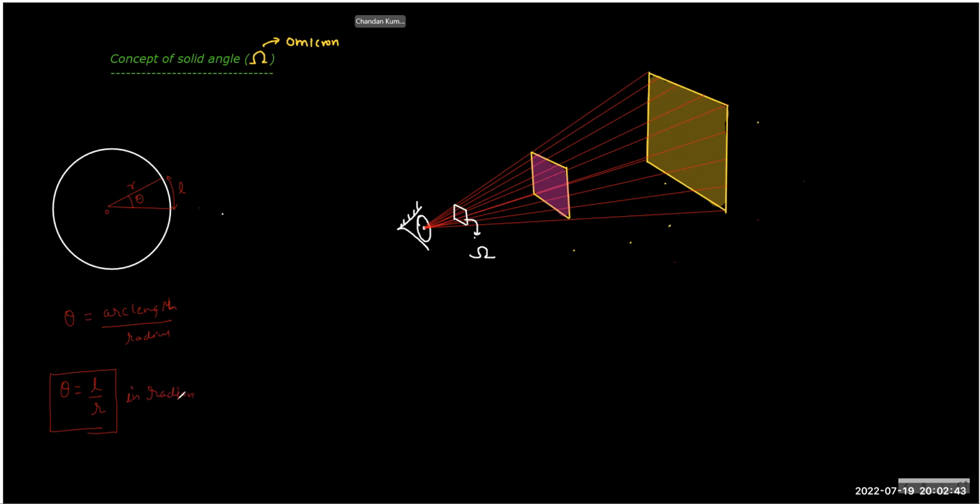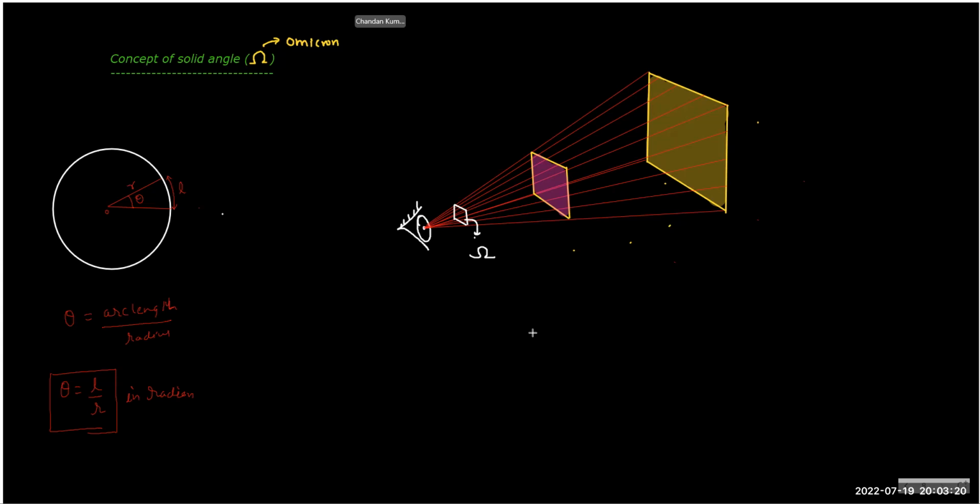So we can draw a parallel from 2 dimensions to 3 dimensions. In 3 dimensions, what is the analogous of a circle? Hello guys, am I audible? Yes, sir. What is the analogous of a circle in 3 dimensions?